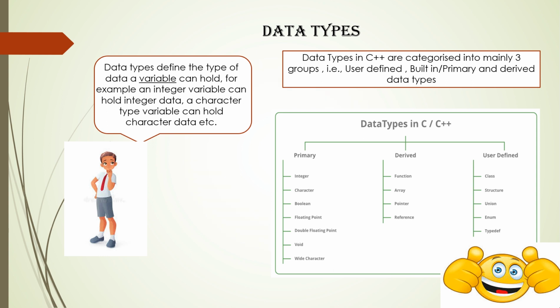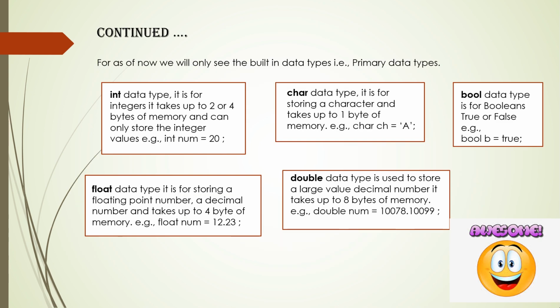See, the int data type is used for holding integer values, and it takes up to 2 or 4 bytes of memory. It depends on the compiler. The syntax for this is int space num equal to 20 and then semicolon. Here num is the variable name, and 20 is the value which the variable num is going to hold.